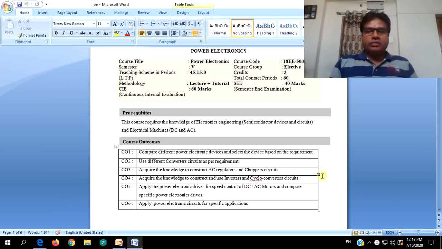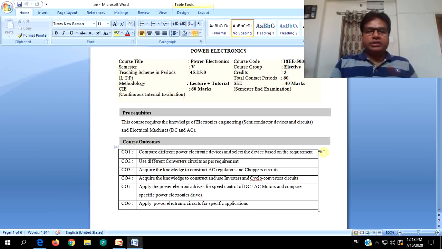The first unit was power electronic devices, in which the course objective was to compare different power electronic devices and select the device based on the requirement. These things we have discussed elaborately, and finally, depending on their ratings and their capabilities, how to choose the various devices to suit a particular circuit.